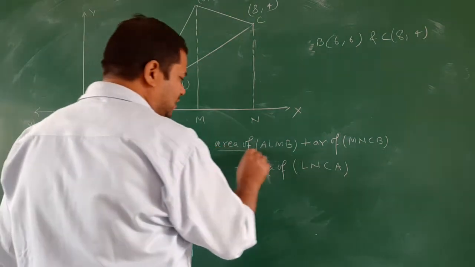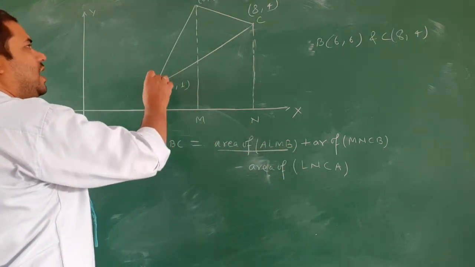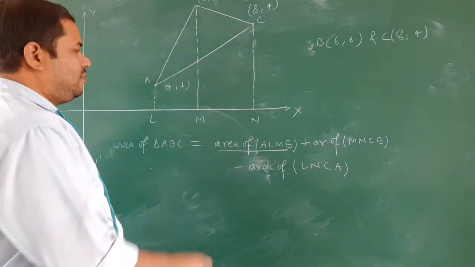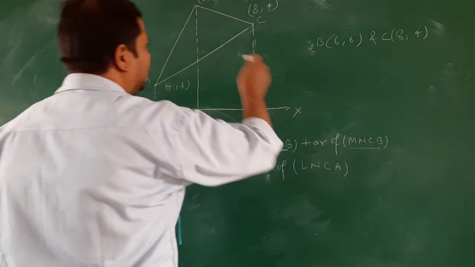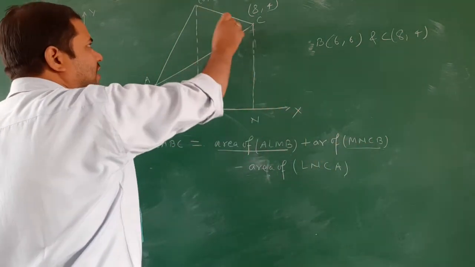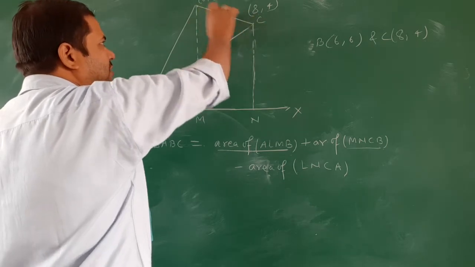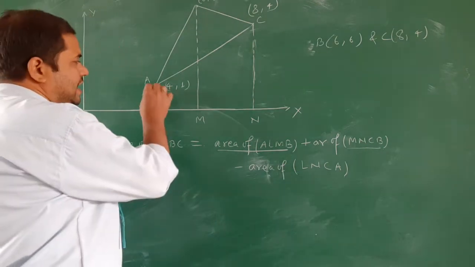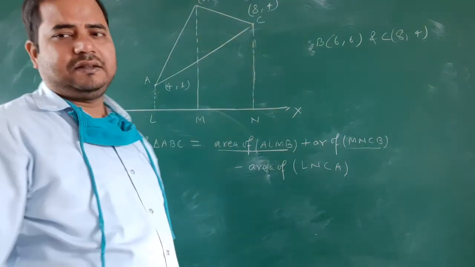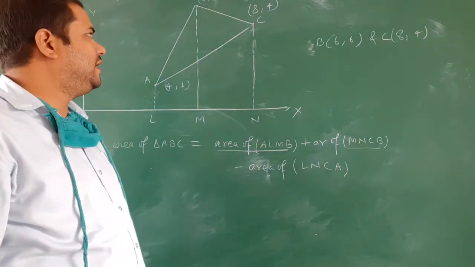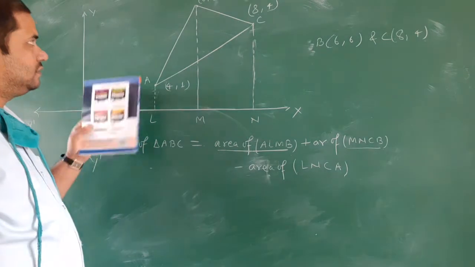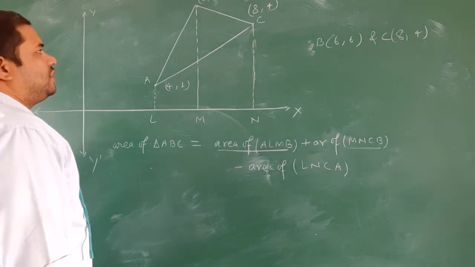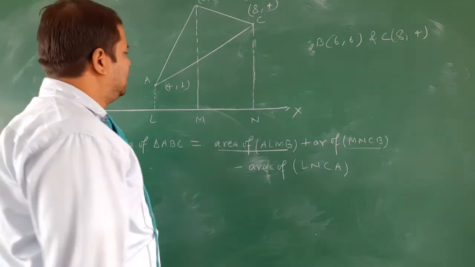Because area of ALMB is nothing but area under the line AB, area of trapezium MNCB is nothing but area under the line BC, and area of LNCA is nothing but area under the line AC. So first of all we need to find the equations of the lines AB, BC and CA.